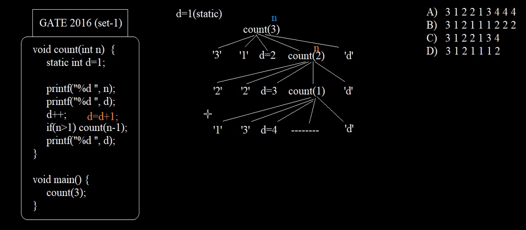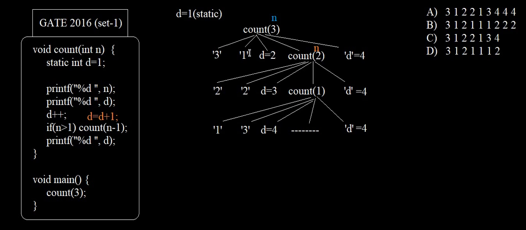In the next statement the value of n is 1, and 1 is greater than 1, false. It will not get executed, and we see the print of d. Since these calls have returned, we can place the value of d here, here, and here.